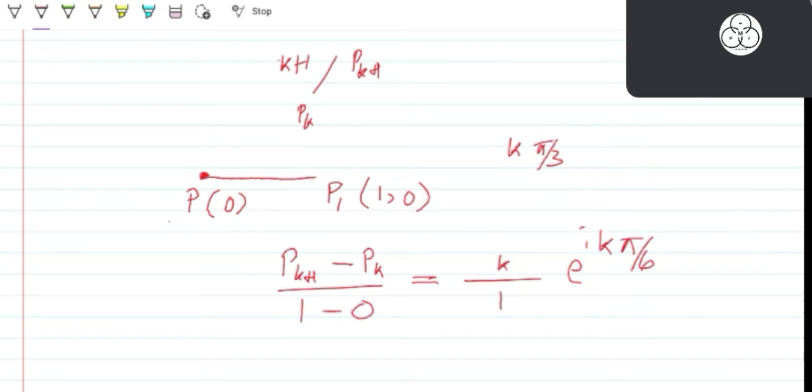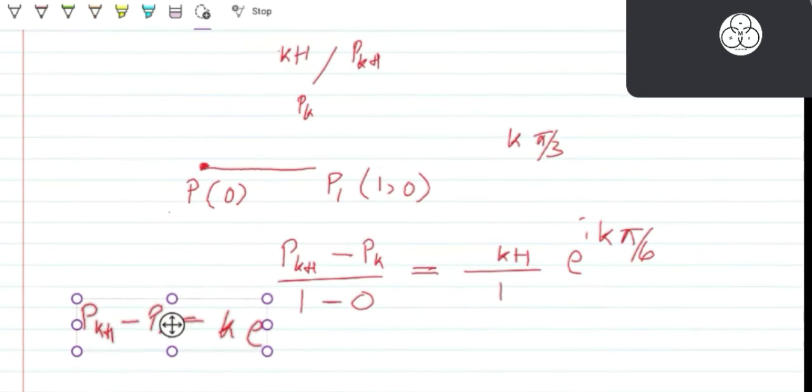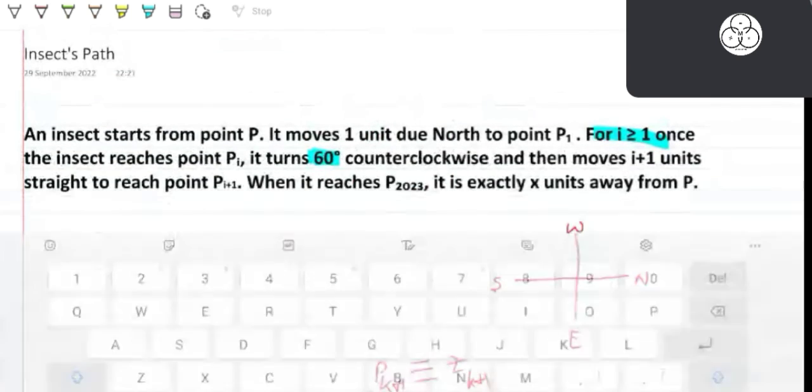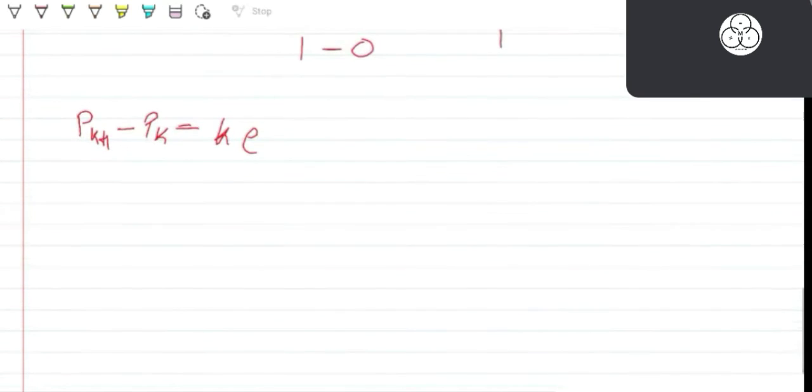Now this is a very beautiful relation: Pk plus 1 minus Pk equals k plus 1 times e to the power iota k pi by 6, right?